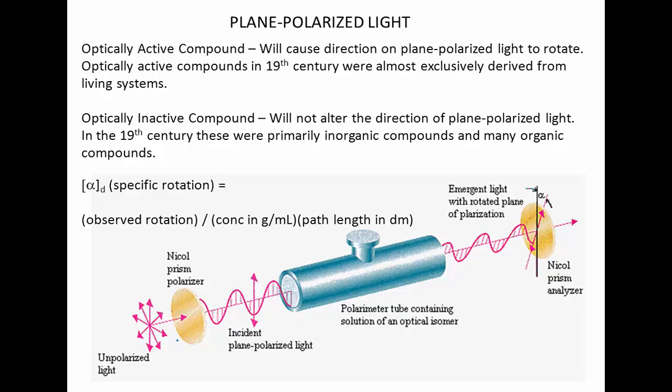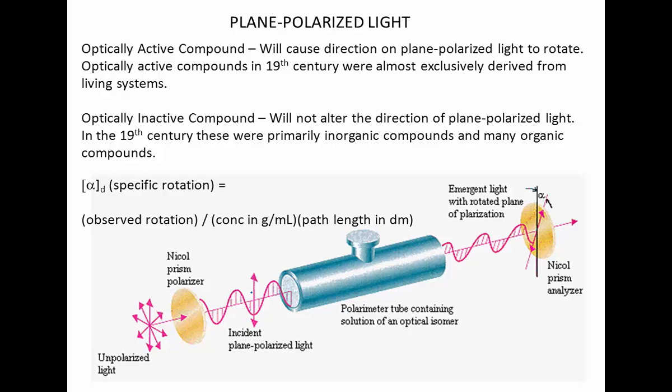Each represents the direction of the light. So that's our unfiltered light. Now it's going to go through something called a polarizing prism, and that's going to get rid of all the orientations except one. So now all the light has been filtered out except all of the light that's along what we'll call the y-axis here.